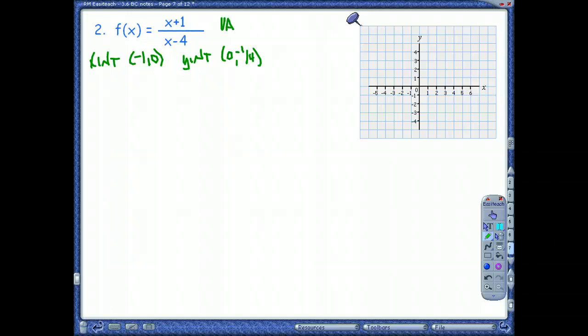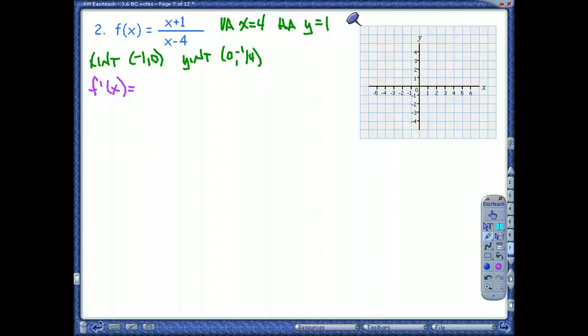I know I've got a vertical asymptote at x equals 4. I know I have a horizontal asymptote at y equals 1. Now the thing about it though is if it's a free response problem, we have to use calculus to solve it and to justify it. Multiple choice, I can figure out my answer using all of the knowledge in my head.